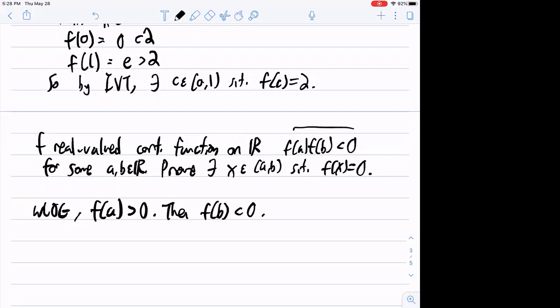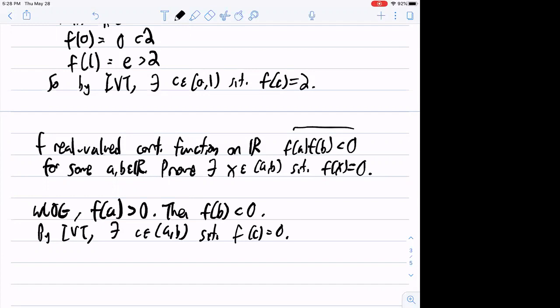Similarly, if f of A was negative, then f of B was positive. So in either case, you're done. By IVT, there exists C in (A, B) such that f of C is 0.